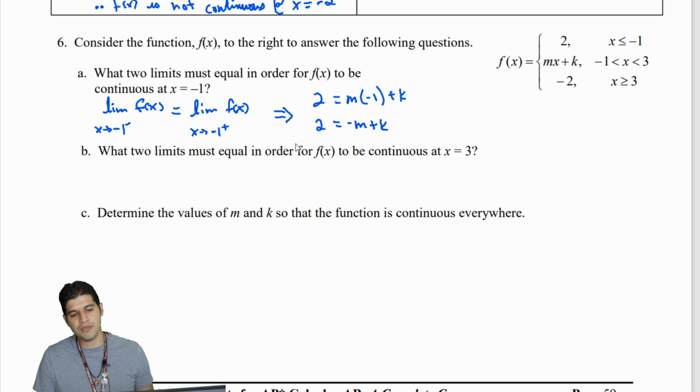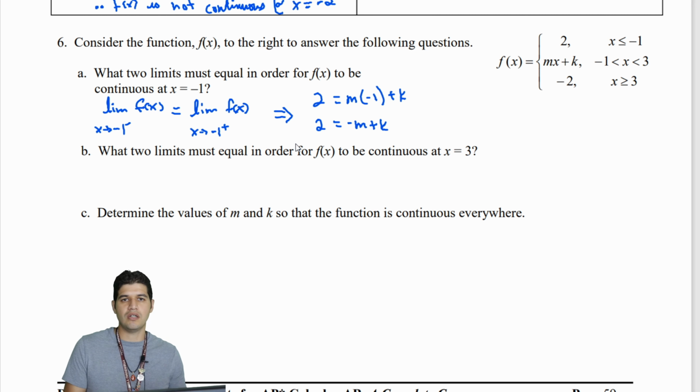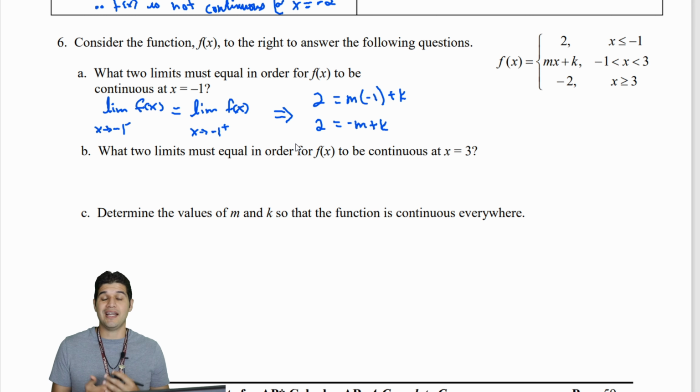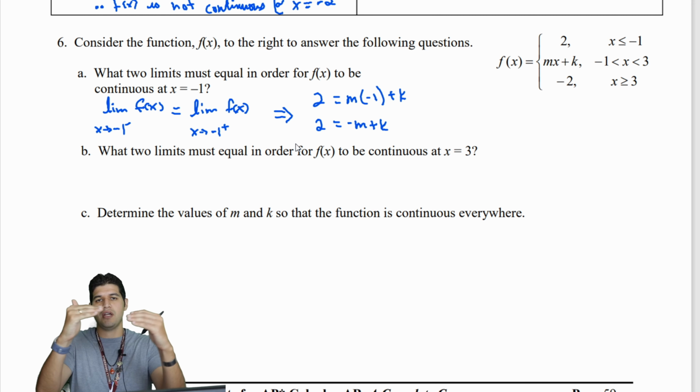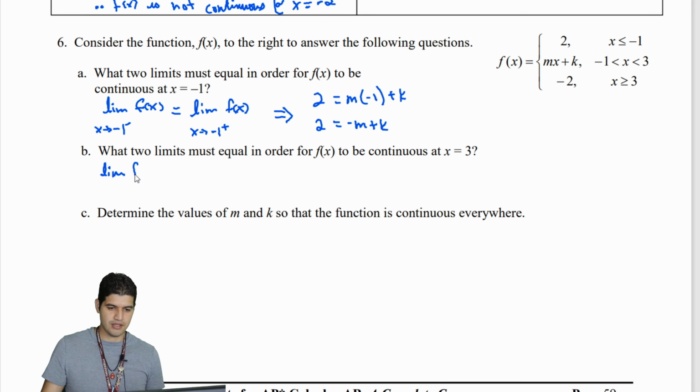We're going to do a similar thing in part B, but now we're going to be looking at x equal to 3. So what two limits must be equal in order to be continuous at x equal to 3? The limit from the left-hand side of 3 must equal the limit from the right-hand side of 3. Let's write that out. The limit of f of x as x approaches 3 from the left must equal the limit of f of x as x approaches 3 from the right.